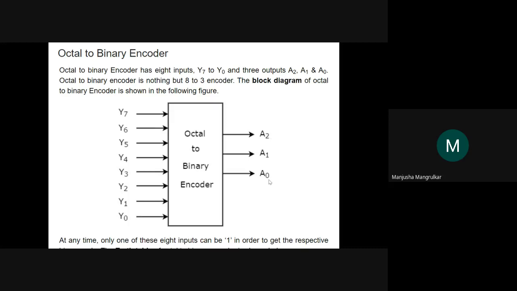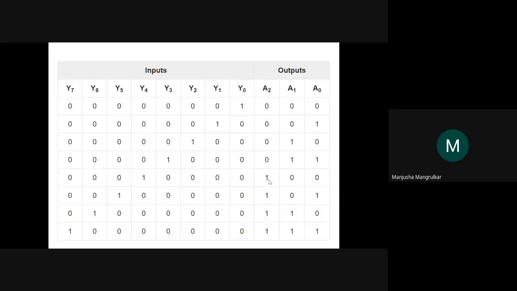We can see the truth table also. 8 to 3 encoder. Now this is the truth table of the 8 to 3 encoder. These are the inputs Y7, Y6, Y5, Y4, Y3, Y2, Y1, and Y0.